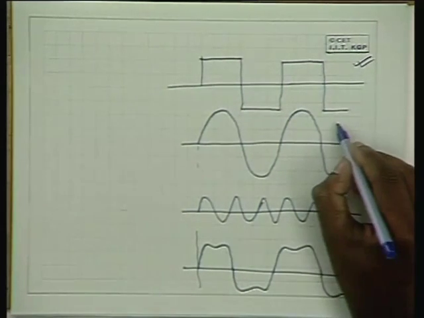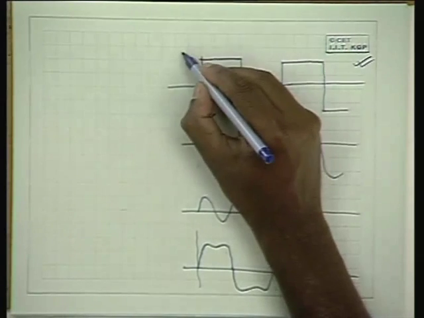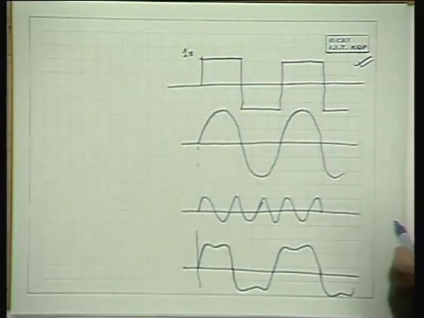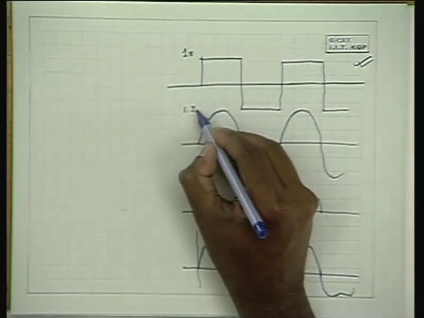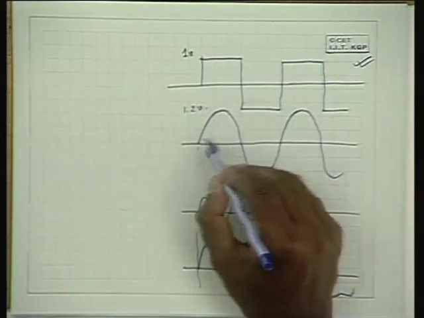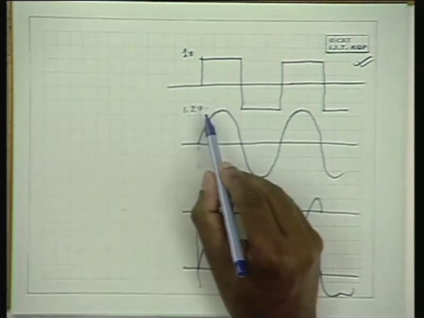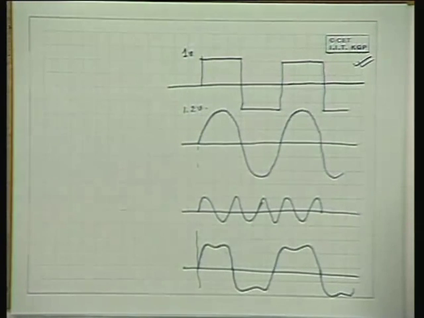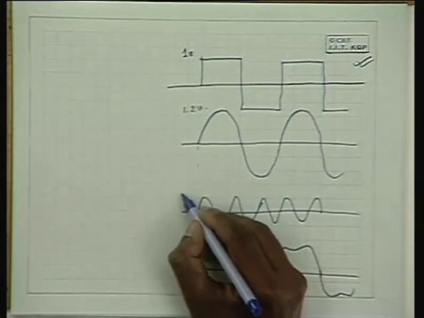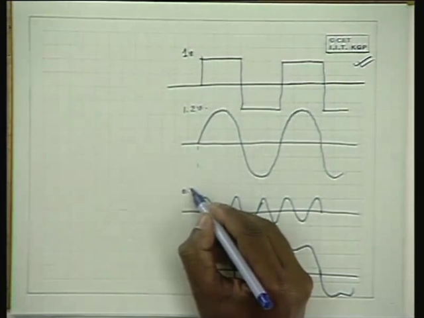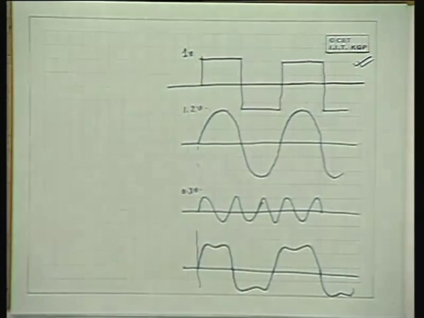Say this is a 1 volt peak signal; to make it up you may need, say, a 1.2 volt peak fundamental, this is not exact, but I am giving it as an example, and something like 0.3 volt peak third harmonic, and 0.1 or 0.2 volt peak fifth harmonic, and so on. When you add up all this, it will become this.